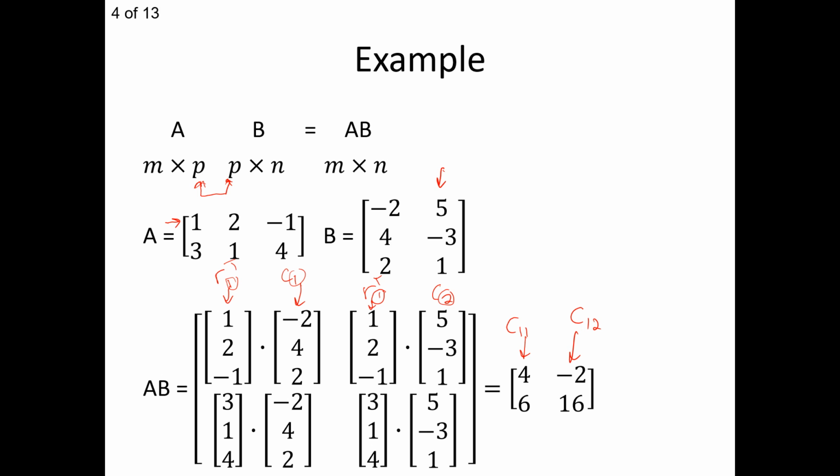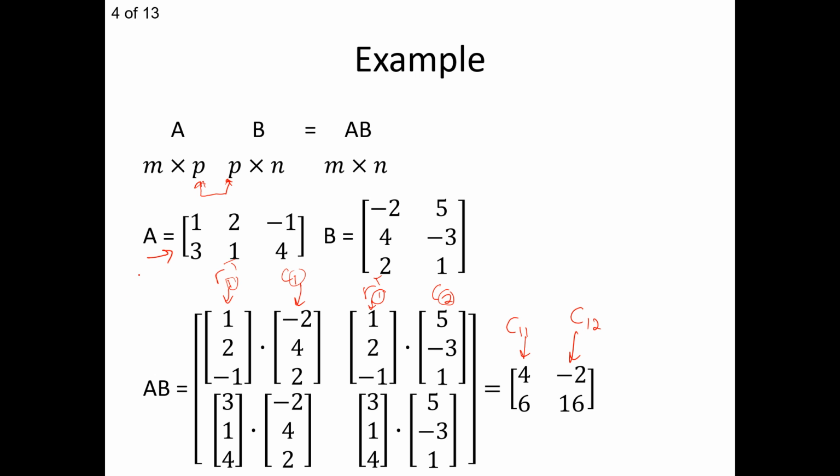All right, now I've used up the transpose of row 1 with all my columns. If I had more columns, I would continue that process to finish off the first row of my product matrix. Now I go on to my second row, which has the elements 3, 1, 4, and I transpose that, so it becomes 3, 1, 4 in a column.